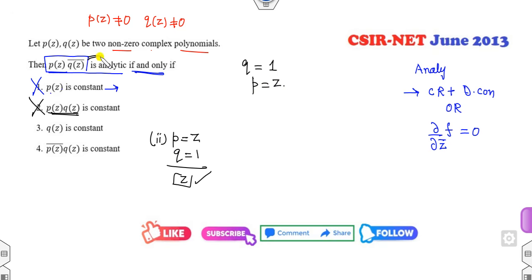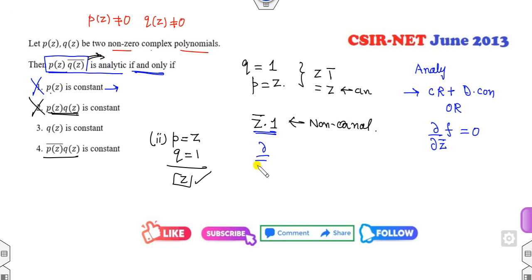Then this part will be z into 1, which is z, which is analytic. What about this one? Z bar into 1, which is not analytic, because the partial derivative with respect to this is non-zero. So that means this option is cancelled. The only right option is C, it is my right answer.